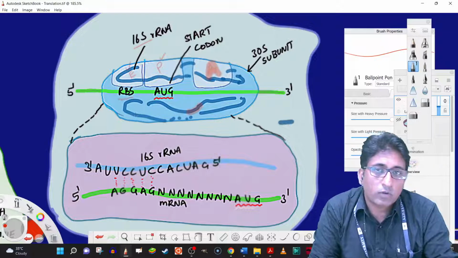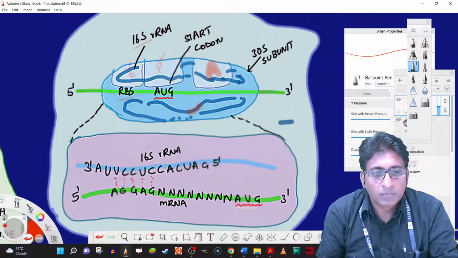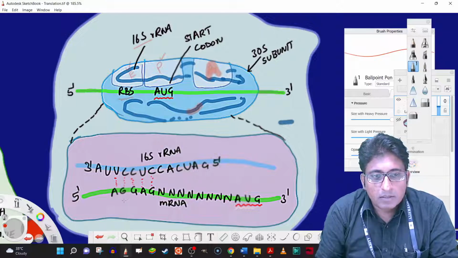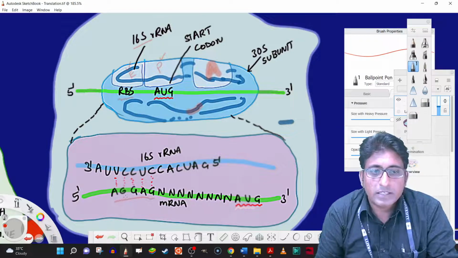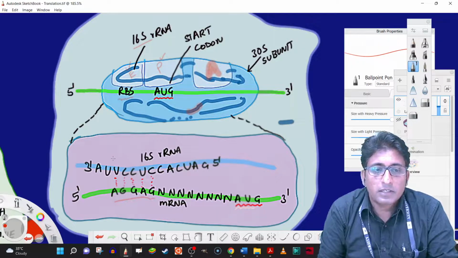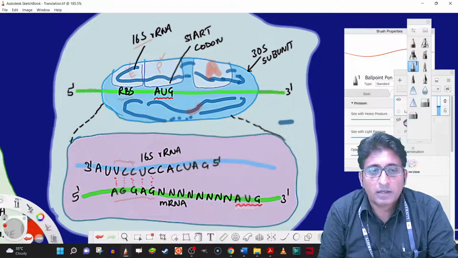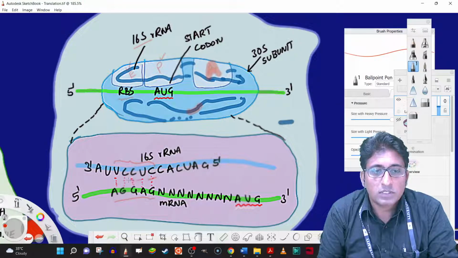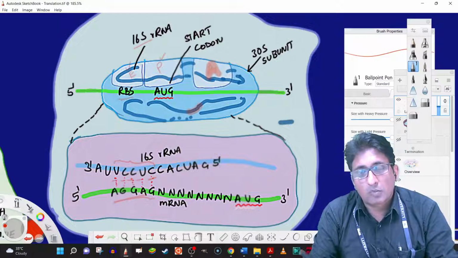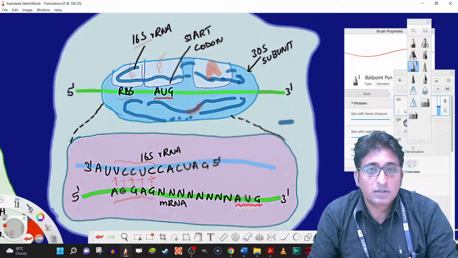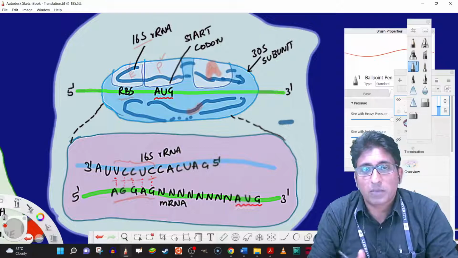In prokaryotes, we call it the Shine-Dalgarno sequence. The Shine-Dalgarno sequence is something like AGGAG, and the 16S rRNA has a complementary sequence. If we read from the 5' direction, we'll read it as CUCCU. So that perfectly base pairs with the Shine-Dalgarno sequence, which is the ribosome binding site in the prokaryotic mRNA.